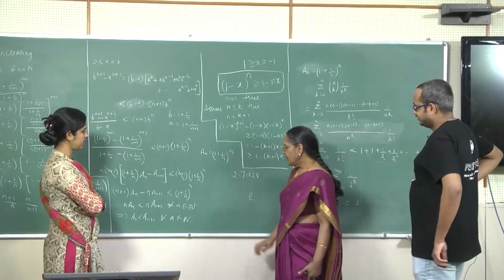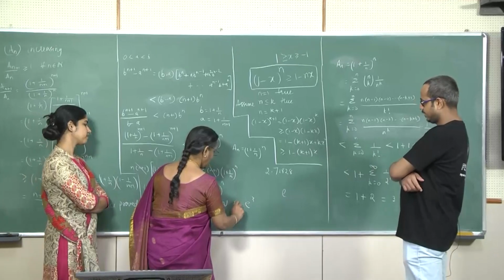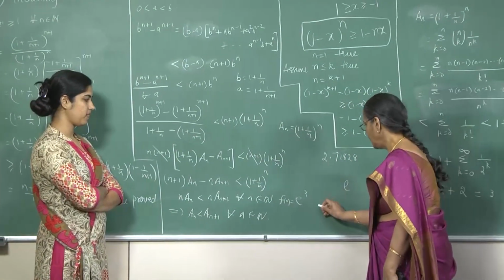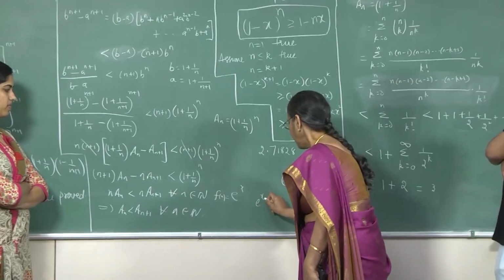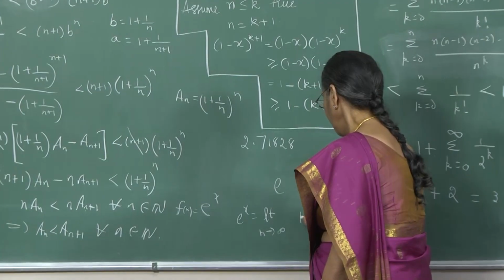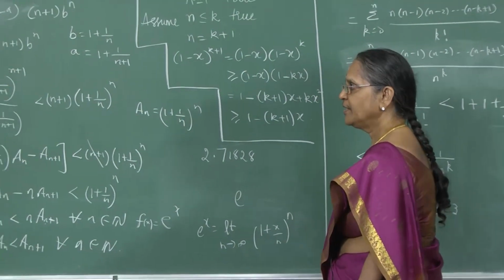And the function e to the power of x is called the exponential function, and you can show that e power x is the limit as n tending to infinity of 1 plus x by n raised to the power of n.